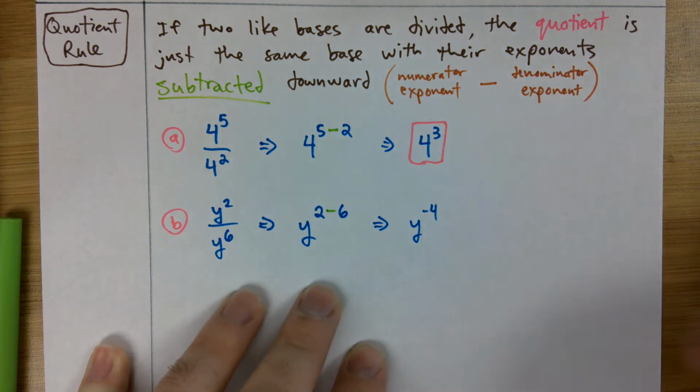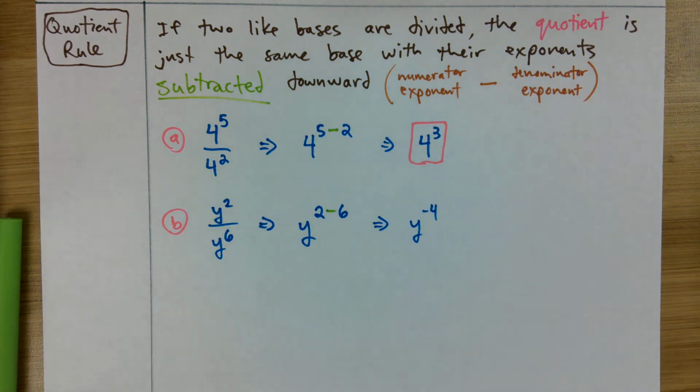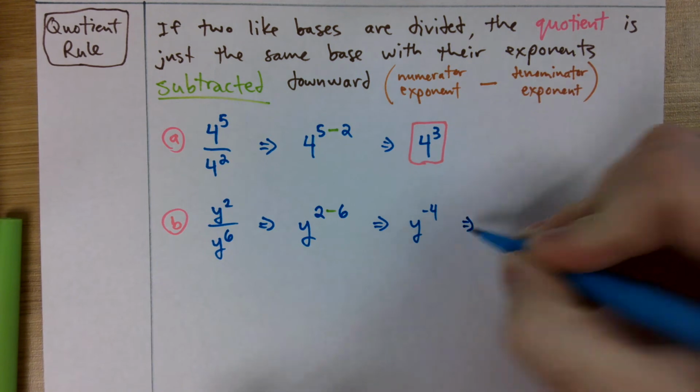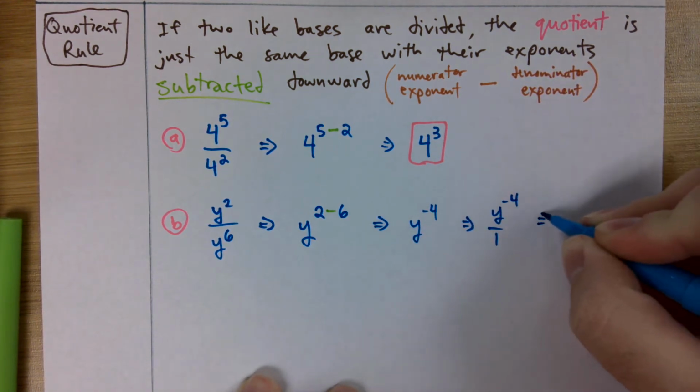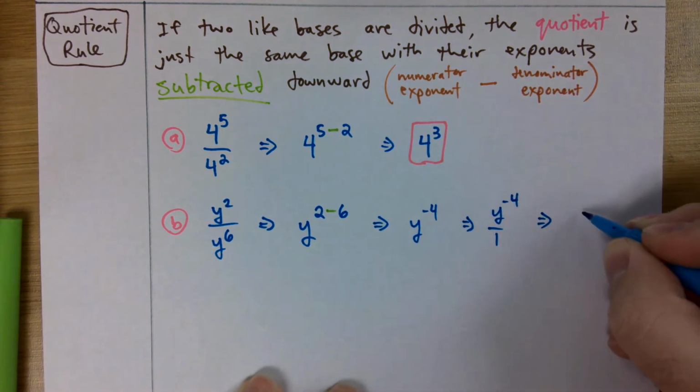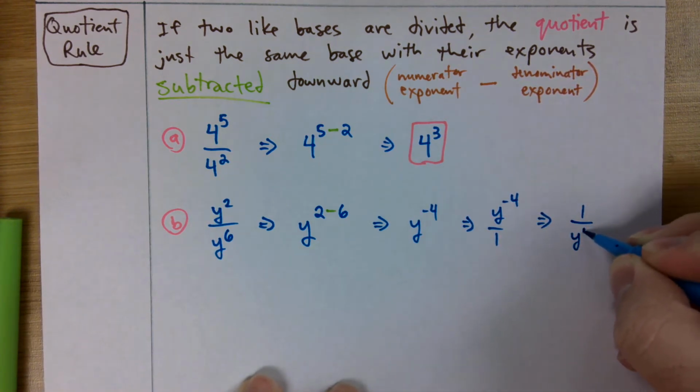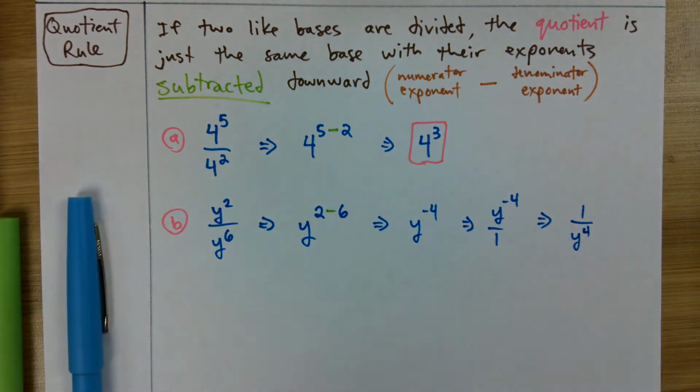Make it into a fraction, exactly. And then what are we going to do with that fraction once we have it in a fraction? We're going to flip it, right? I heard someone say it. We're going to flip it. So this will turn into y over 1 to the negative 4, which, once we flip, turns into 1 over y to the positive 4. And that is our final answer.